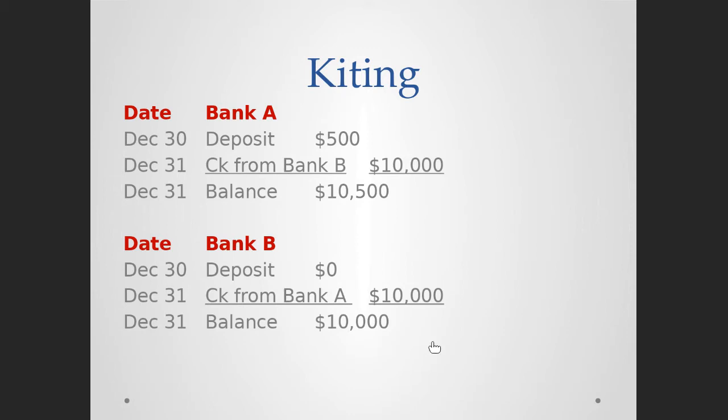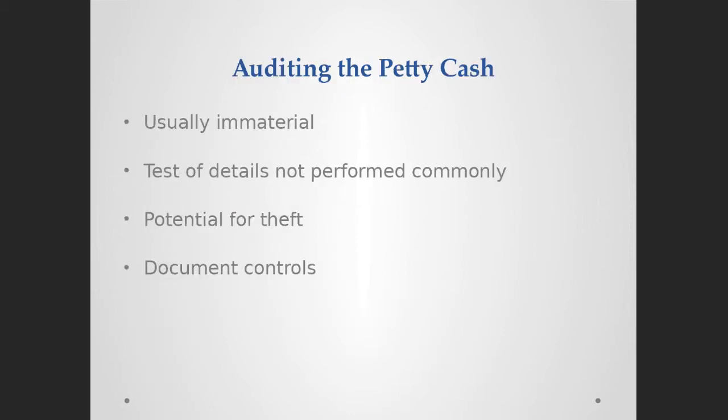Okay, last topic we have is petty cash, which is the amount of cash kept at the location at the business. It's usually immaterial, $200 to $400, $500 maybe for buying small supplies and things like that. Tests of details are usually not performed on those, but there is potential for theft, so it can be stolen easily.